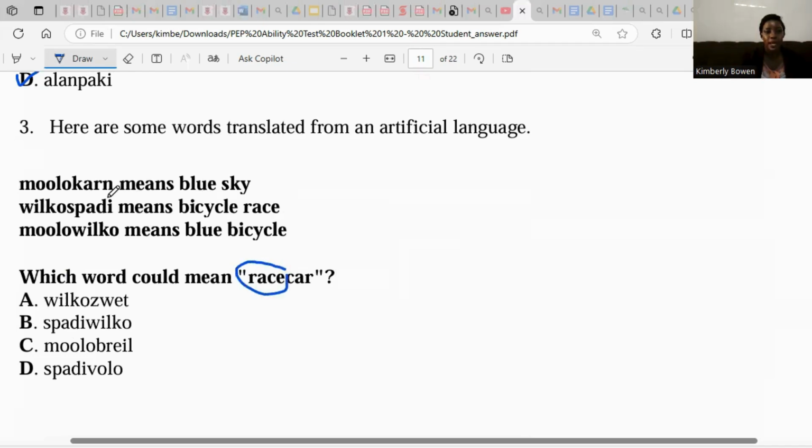And we can see that spuddy here means race. So we're looking for a word with spuddy. Spuddy Wilco would not be the correct answer, because that would be race bicycle, since Wilco means bicycle. So therefore the answer is spuddy volo.